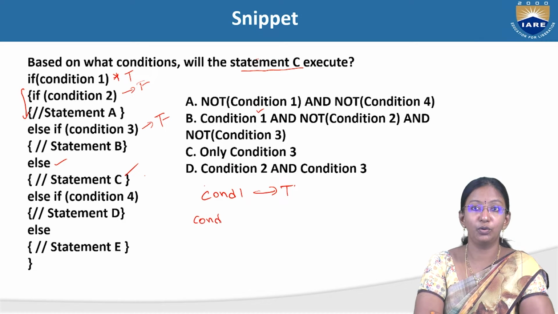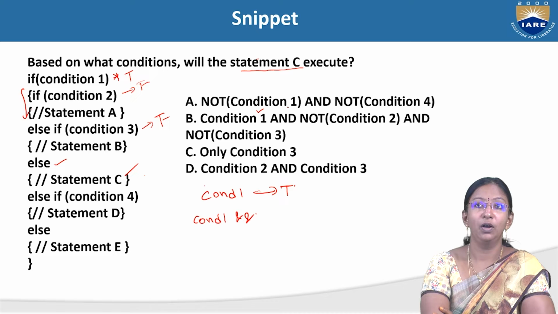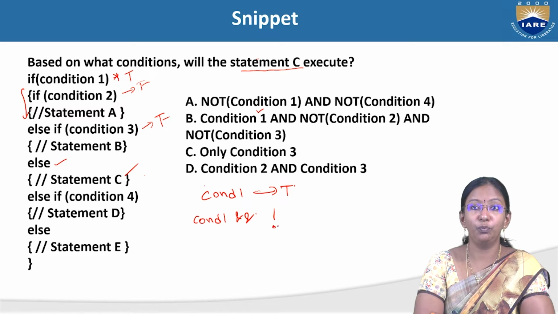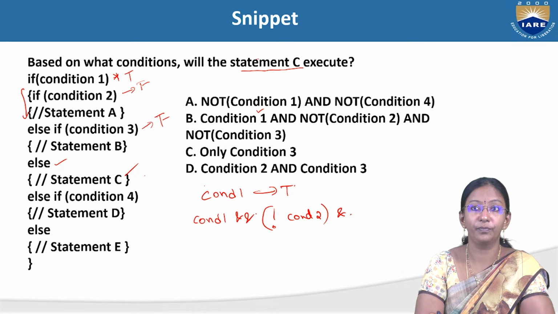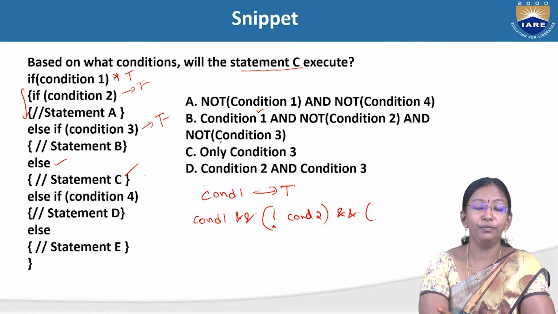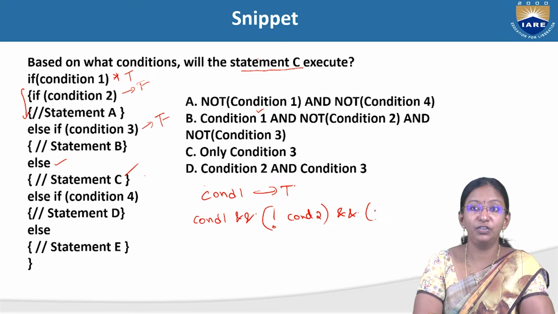And it is connected with AND. Condition 1 and not of condition 2. That means condition 2 must be false. Yes, we were thinking of the same. Condition 2 must be false, not of, and, not of condition 3. That means even condition 3 must be false.